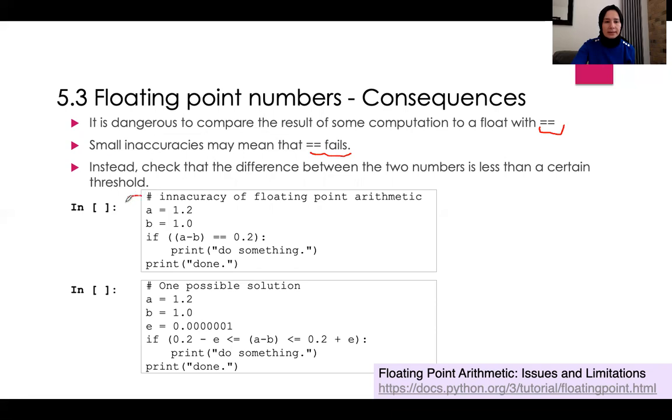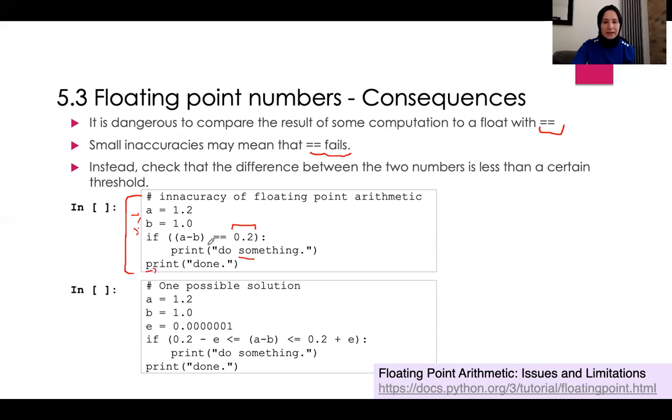One example here, we have A equals 1.2, B equals 1.0. When we check if A minus B equals 0.2, it will print do something. Otherwise, it will print done.